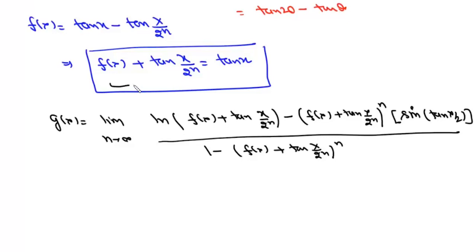Now we know that f(x) plus tan(x/2^n) is nothing but tan x.